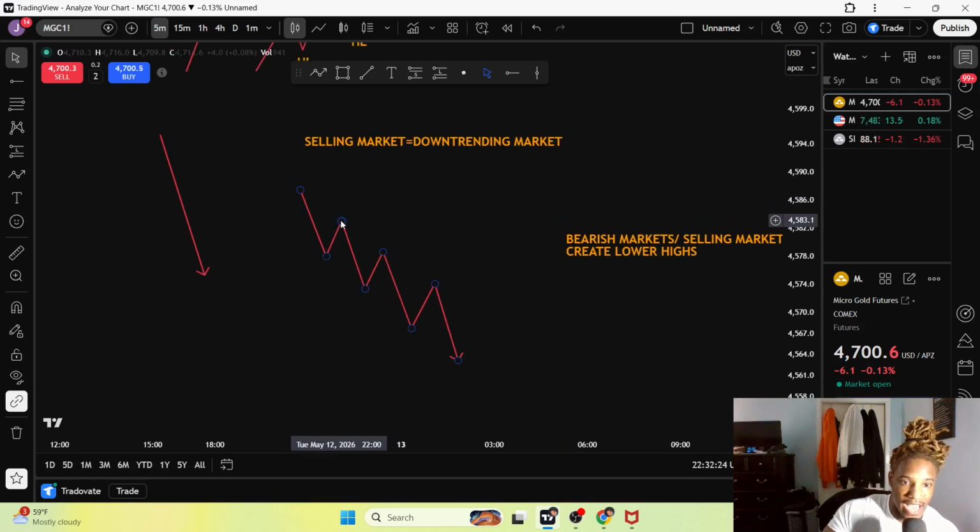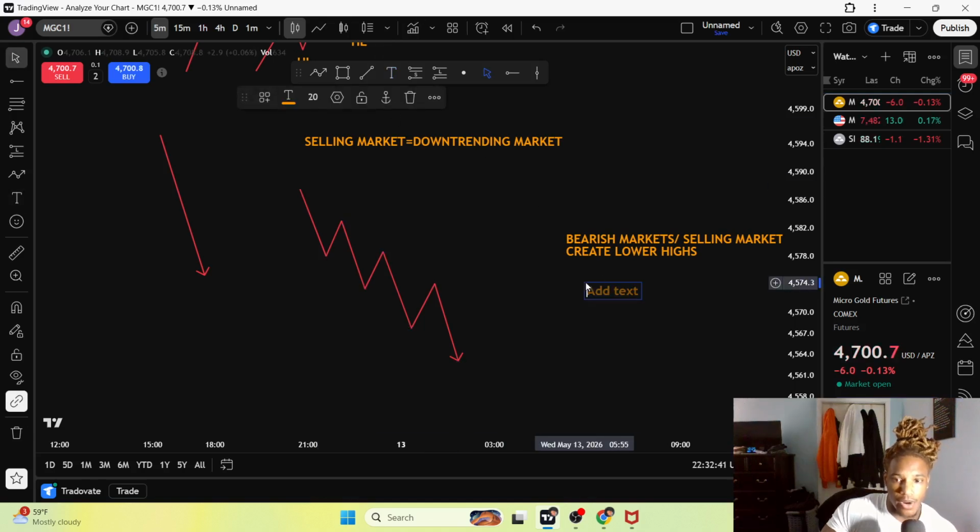This is a high, but this high is lower than this high. The market came down. It created another low, but this low is lower than this low. So this is a lower low, right?